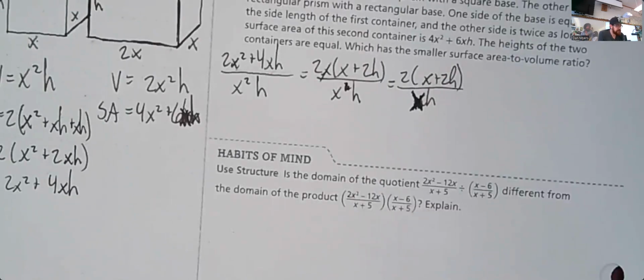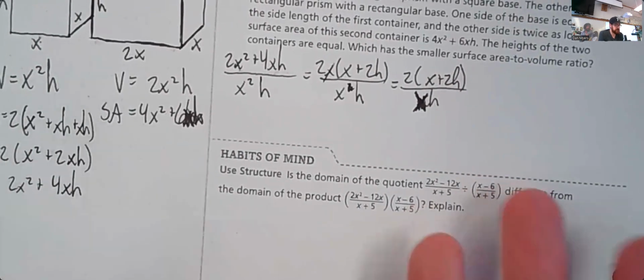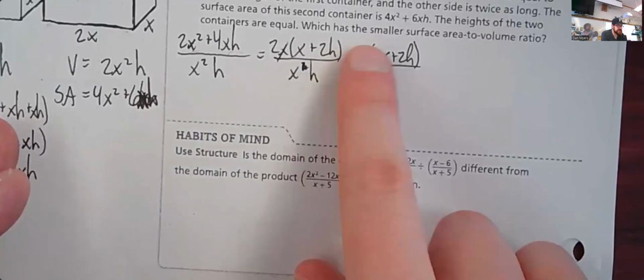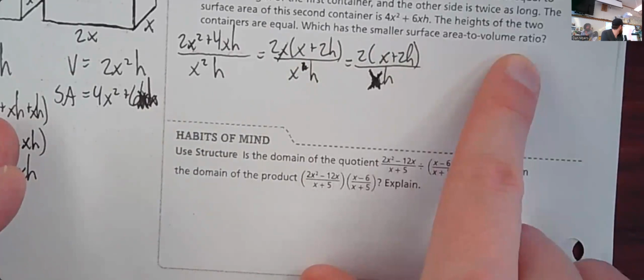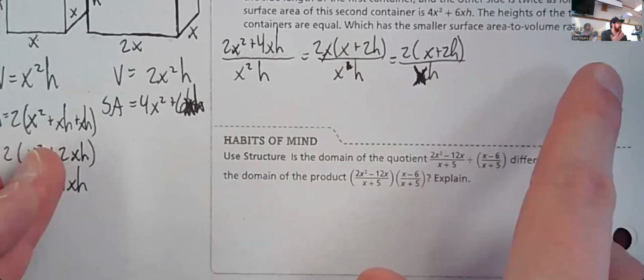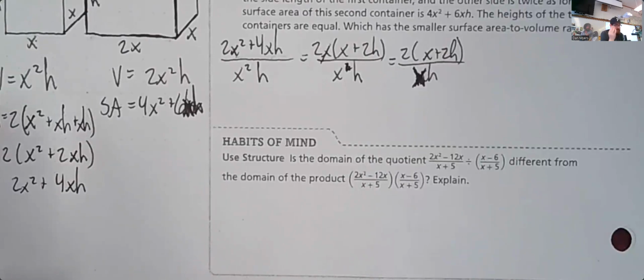Okay. Now we have to figure out the ratio for the other one. What it's asking for, basically, is what we've been doing. We don't need to finish this one. But it says which has the smaller surface area to volume ratio. So basically, which one uses less packaging per volume is what it's asking for at the end.